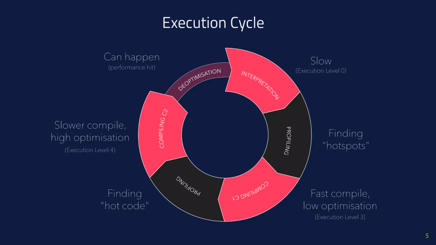And then the profiler continues running in the background, analyzes the code, and when the second threshold is exceeded, the code is passed on to the C2 JIT compiler, which, of course, puts more CPU load, and its output is highly optimized code that can be executed directly on the CPU. We can imagine this through a simple example where there's a method that calculates some numbers and then returns the result based on some if condition or some else branch.